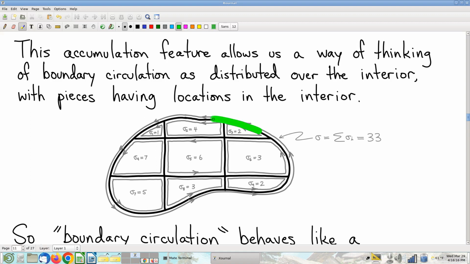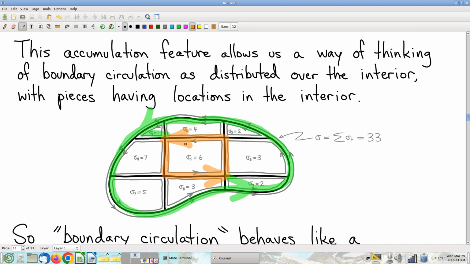Let's suppose I'm interested in this boundary circulation here. And I'm going to ask seemingly a ridiculous question: how much of that boundary circulation happens as that boundary circulation?